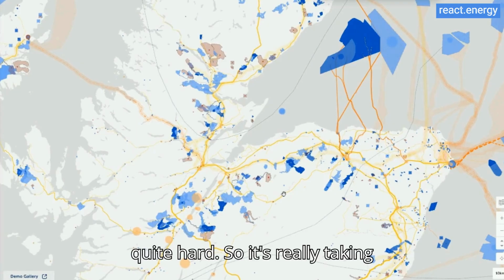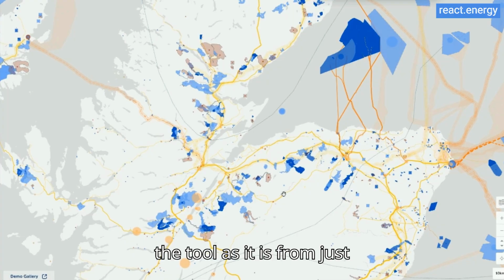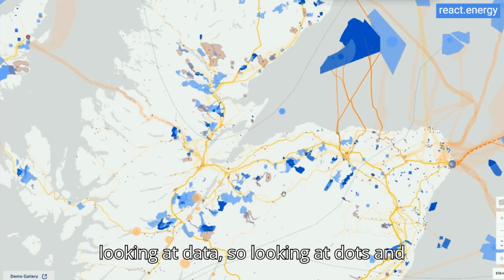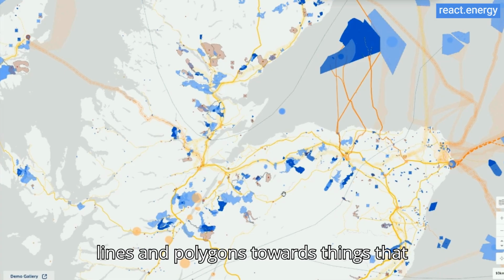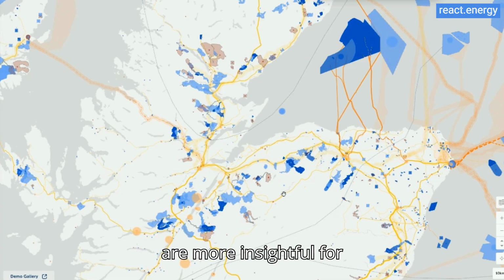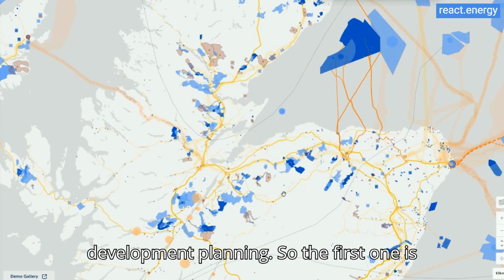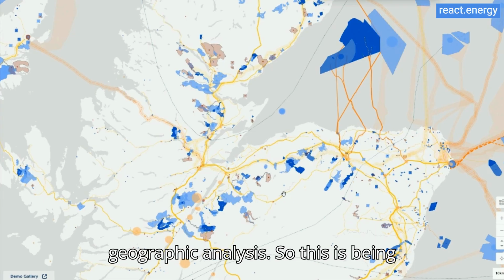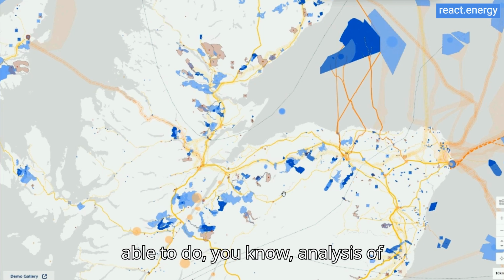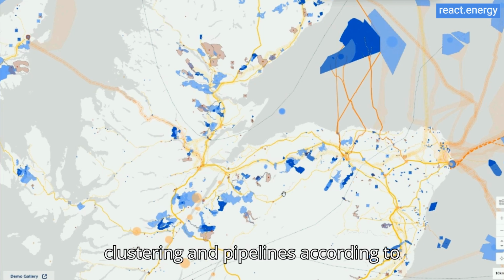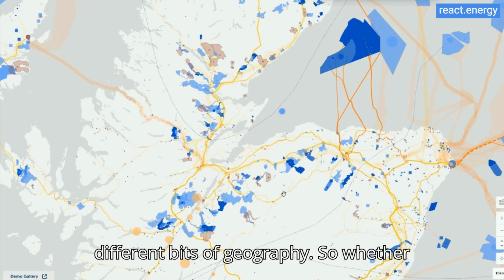quite hard. So it's really taking the tool as it is, from just looking at data, so looking at dots and lines and polygons, towards things that are more insightful for having good conversations about development planning. So the first one is geographic analysis. So this is being able to do analysis of clustering and pipelines according to different bits of geography.